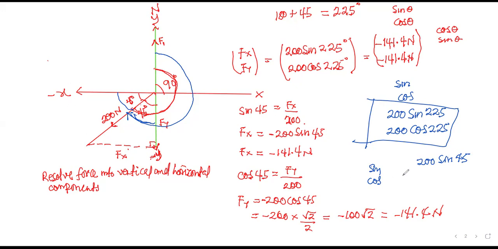So minus must be here, else you have it as positive, and another minus 200 cos 45. If you use the angle it makes with x, the same thing, you get the same answer. But you shouldn't forget about the quadrants within which the vector falls.